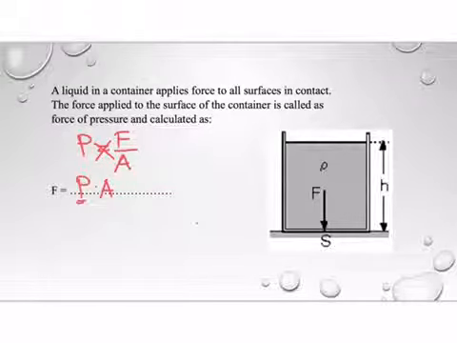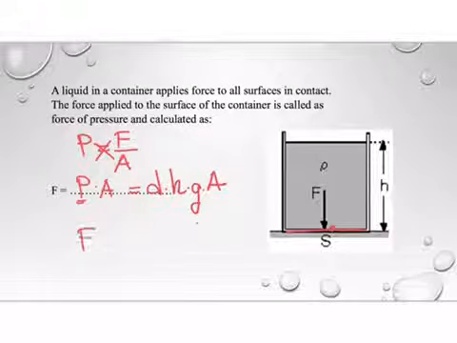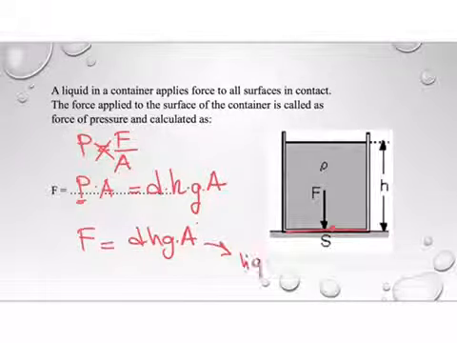Pressure is the pressure of the liquid at the base of the container. So it is equal to the density of the liquid, the depth, and g, times the area of the surface, A. So for liquids, the force of pressure is equal to dhgA.